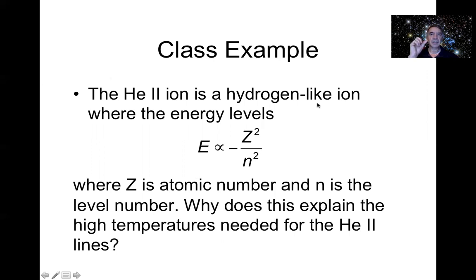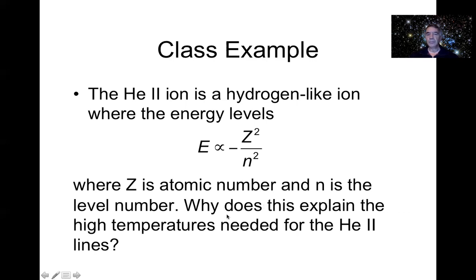So it's still got a single electron, just like the hydrogen atom, but it's got a different charge on the nucleus. And for those of you who've looked at the Bohr atom model for hydrogen, you come up with this idea that the energy levels are proportional to 1 over n squared, where n is the atomic level number, the quantum number, the n that we discussed earlier: n equals 1, n equals 2, etc. But then you've got Z being the atomic number, the number of protons in the nucleus.